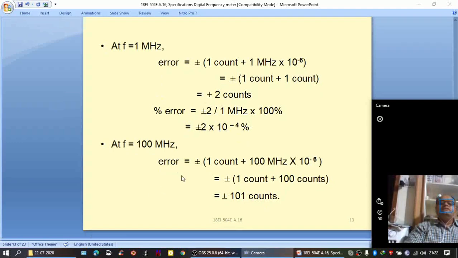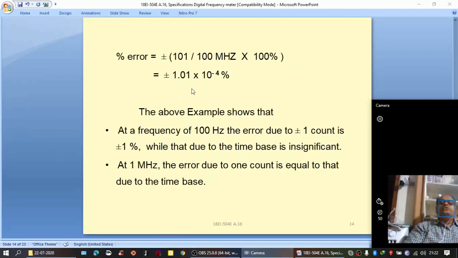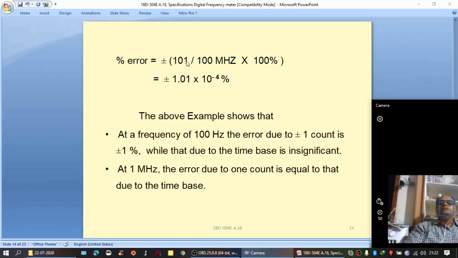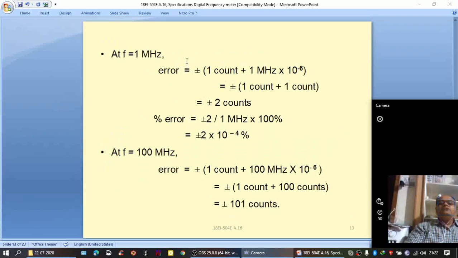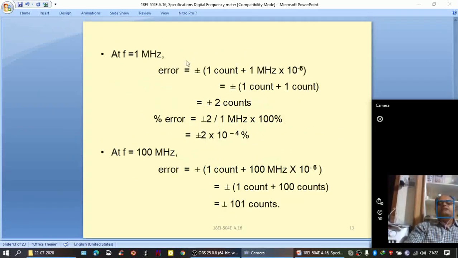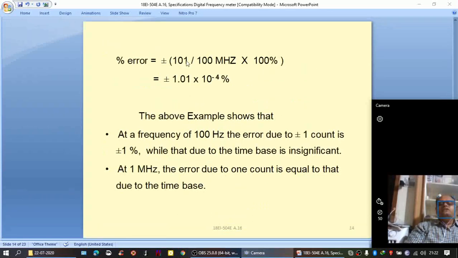The third case, 1.01 into 10 power minus 4, plus or minus 0.0001% in the third case. This is half the percentage error when compared with 1 megahertz. So depending upon the frequency that is measured, the error will change.